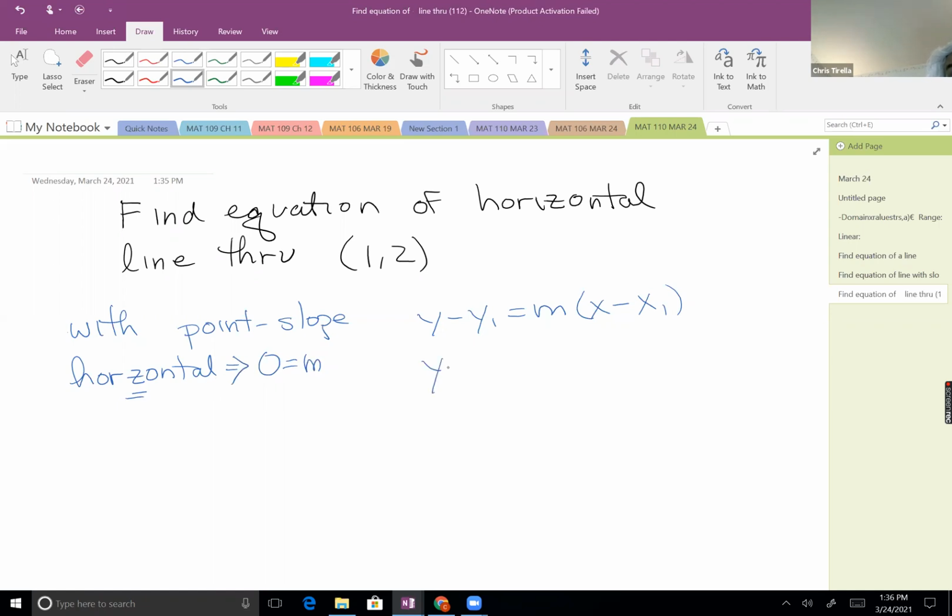And so I get y minus 2 equals 0 times x minus 1, which would just give me y minus 2 equals 0, or just y equals 2.